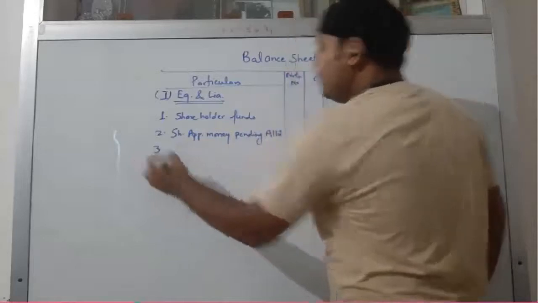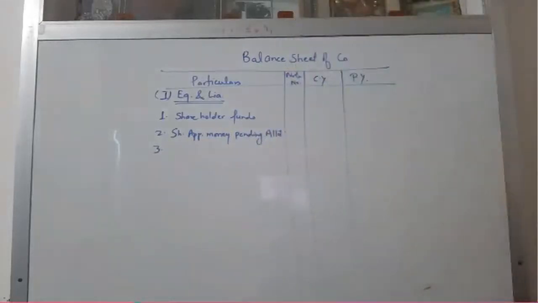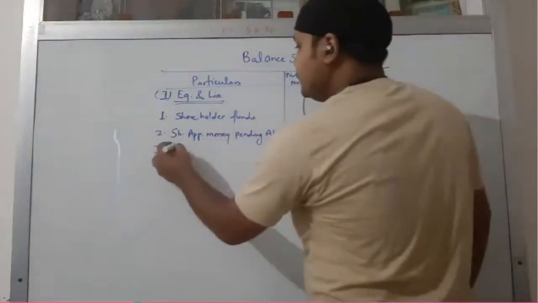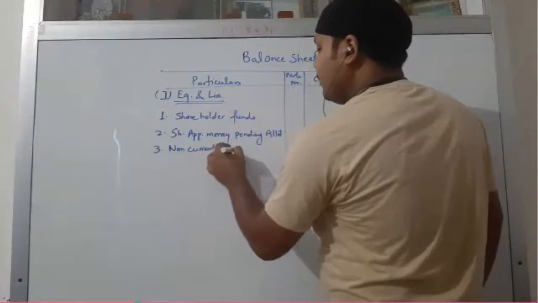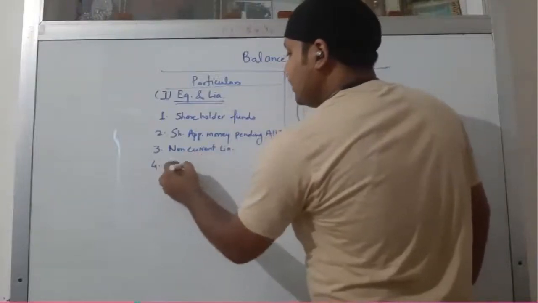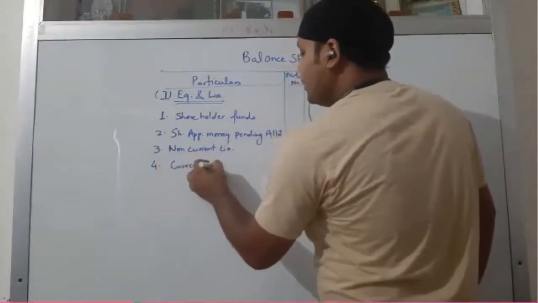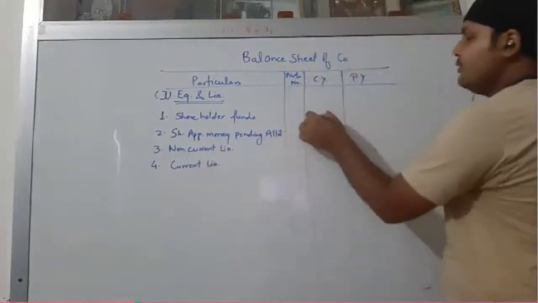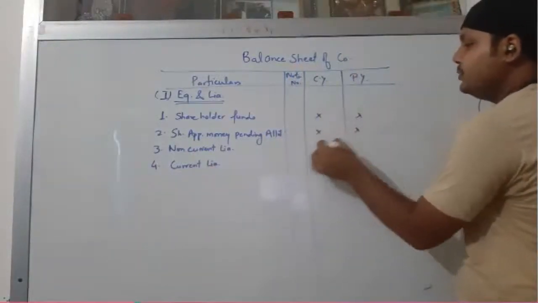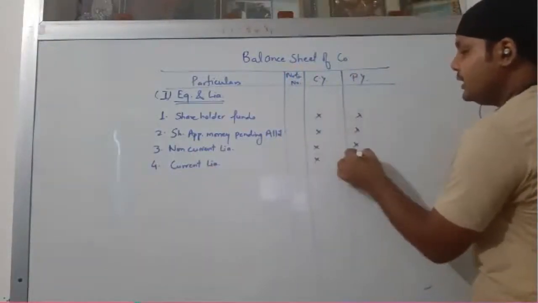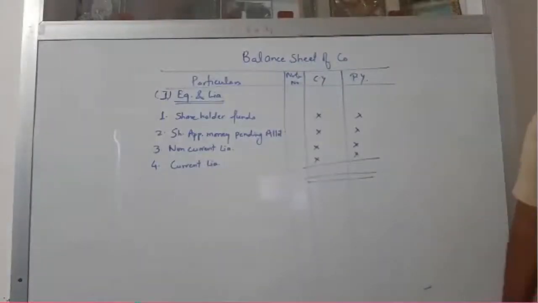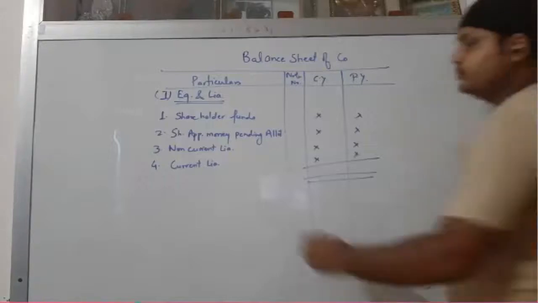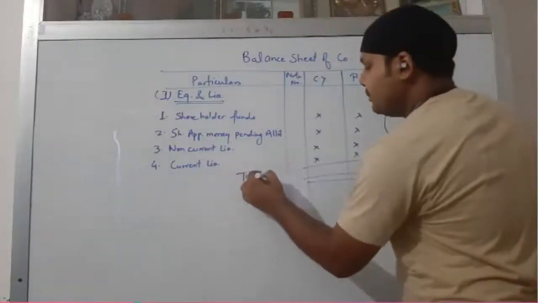Number third will be non-current liability. And number four is a current liability. So I will give each and every value in the balance sheet, and thereafter we total the liability side or equity and liability side of the balance sheet of the company.